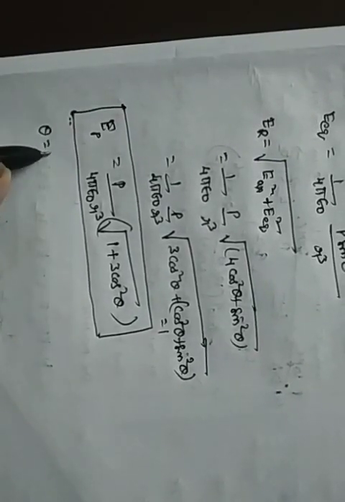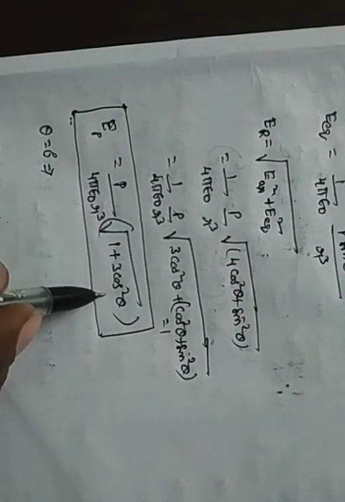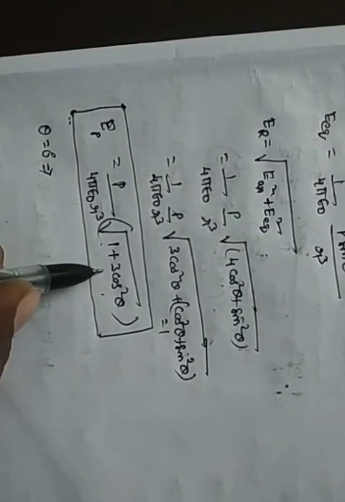If you want to check it, for the axial line, theta is 0. Cos 0 is 1, so 1 plus 3 is 4.